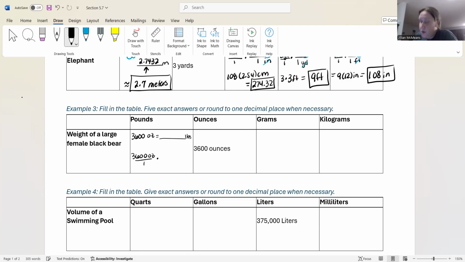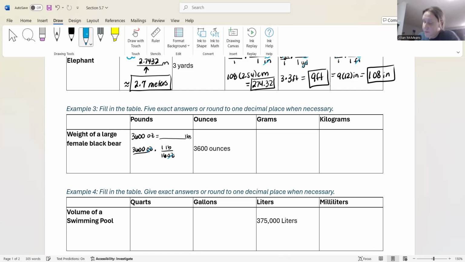Okay, so I've got 3,600 ounces. I want to write a unit fraction that relates pounds and ounces, and what we need to remember is there are 16 ounces in every pound. So I want to multiply by 1 pound for each 16 ounces. So 3,600 ounces, we're going to multiply it by 1 pound over 16 ounces.